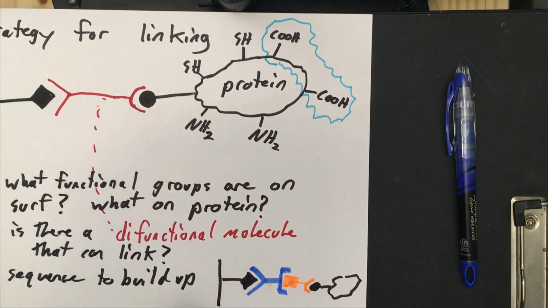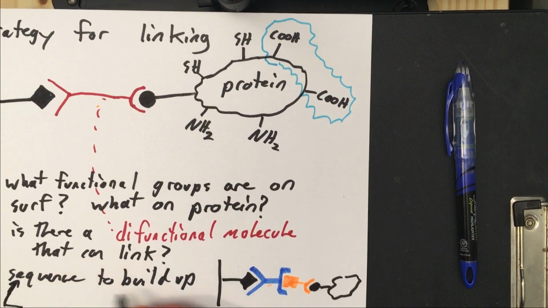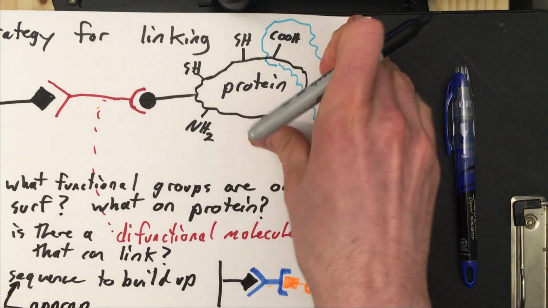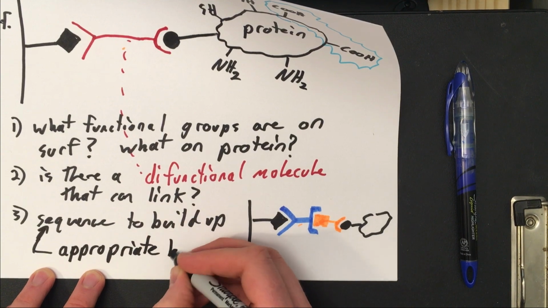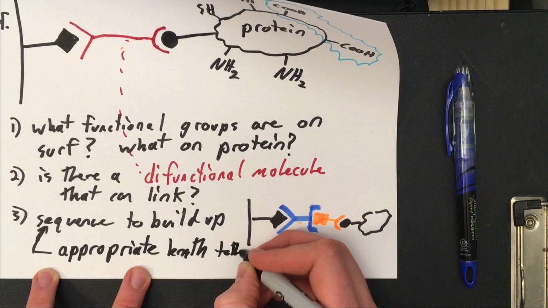We also might want to consider another advantage of a sequence to build up, which is to get an appropriate length. Make sure you can see that. We want an appropriate length tether.